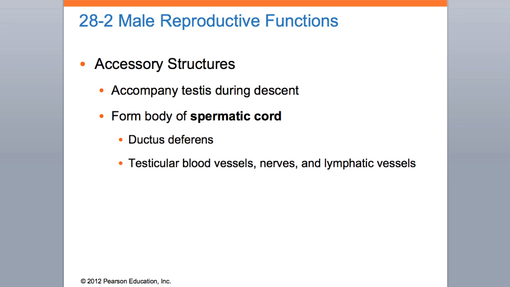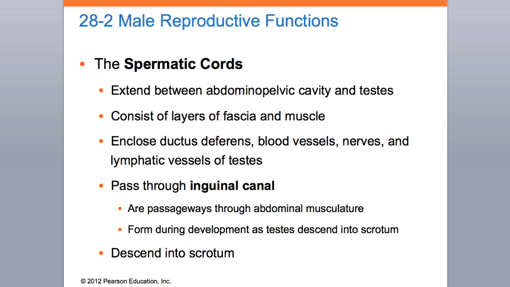Now, on page 1035, they talk about the inguinal canal, and that's where we're going to be headed in a second. Okay, so this is the slide that is important. We've already mentioned what is inside of the spermatic cord. It's repeated again here. And it also talks about the inguinal canal. This inguinal canal in guys is very weak, and it makes you very prone to an inguinal hernia.